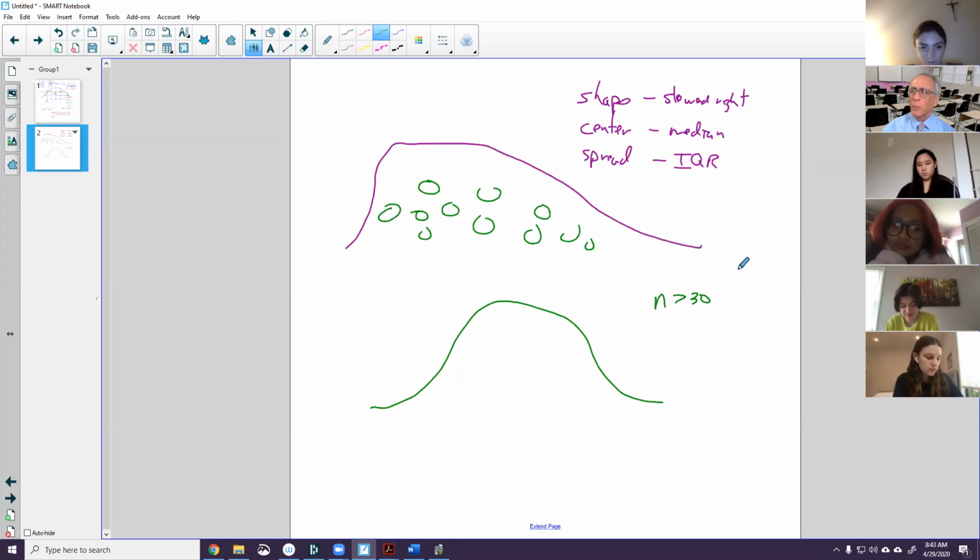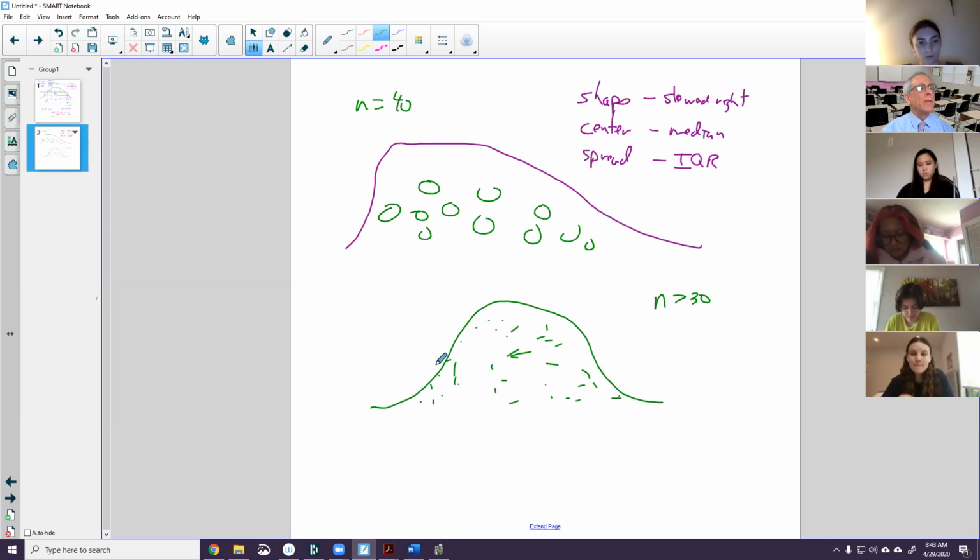So the distribution of the population was skewed, but if we took samples of 40 pennies, n equals 40, averaged the age of those 40 pennies, and plotted the average ages of my samples, that distribution is going to be normally shaped.